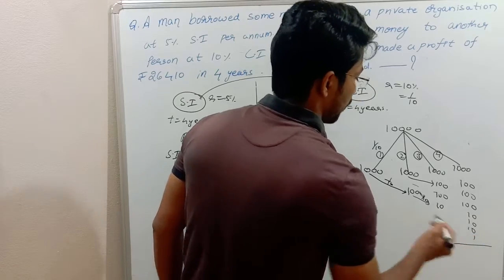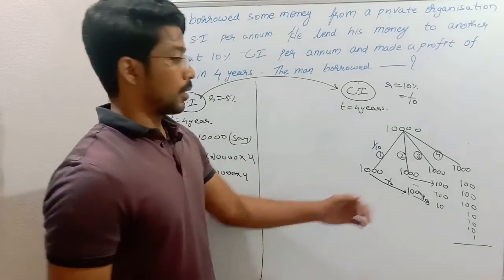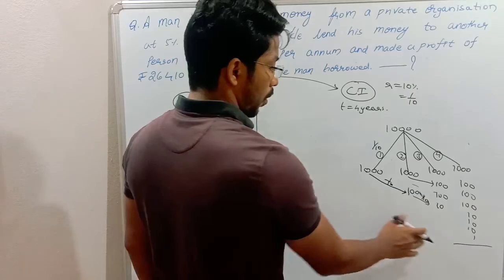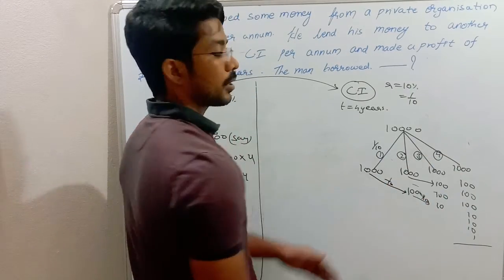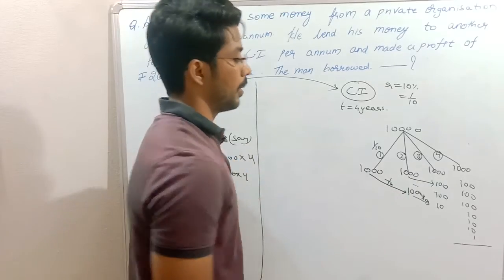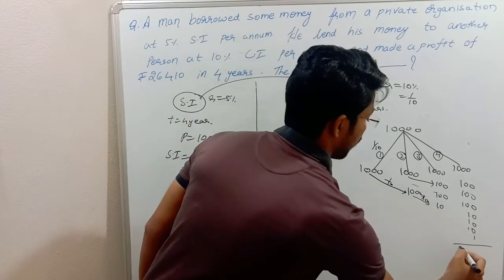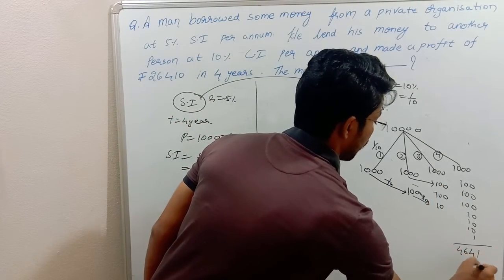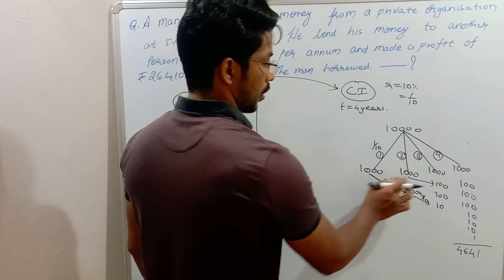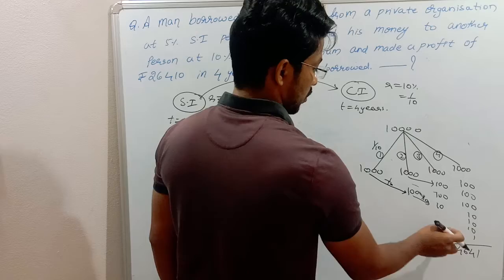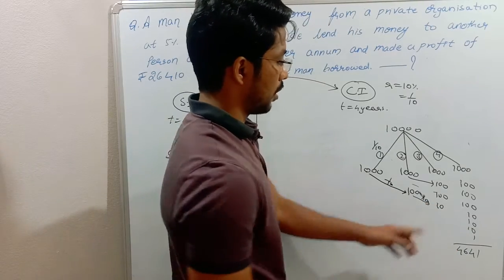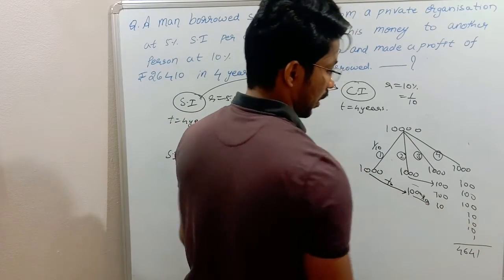So if you observe here, the total compound interest he obtained at the end of 4 years after lending will be 4,641. That is 4,000, 6 hundreds, 4 tens and 1.